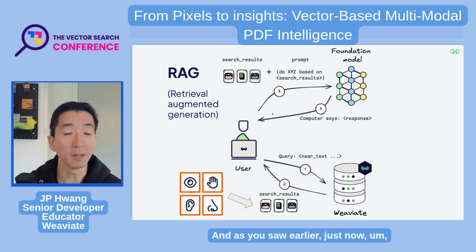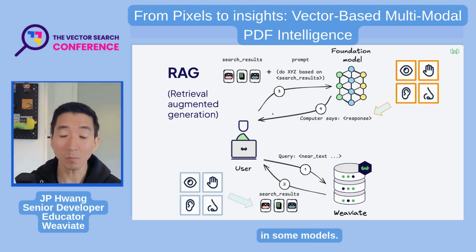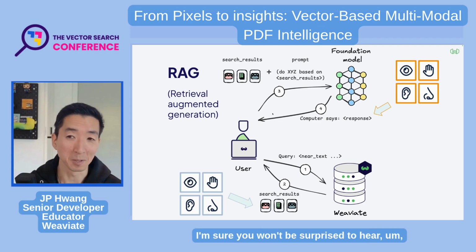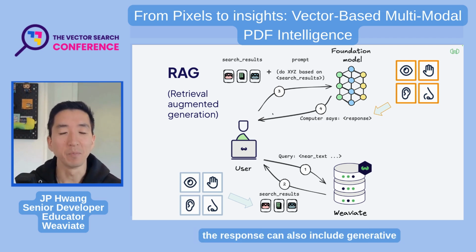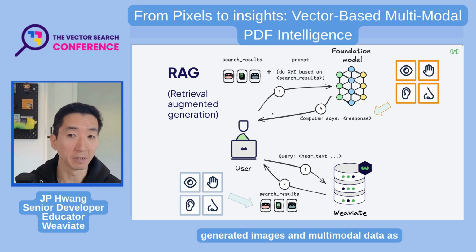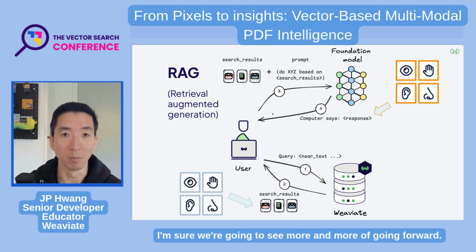And as you saw earlier, we can get extracted information that answers our question for us. In some models, I'm sure you won't be surprised to hear, the response can also include generated images and multimodal data as well, quite typically images. And this is a really cool innovation, and I'm sure we're going to see more and more of it going forward.